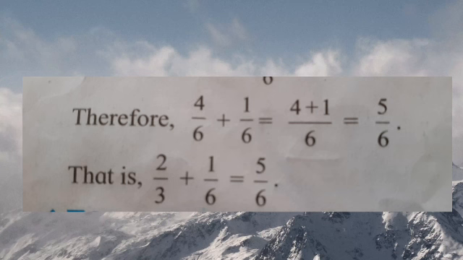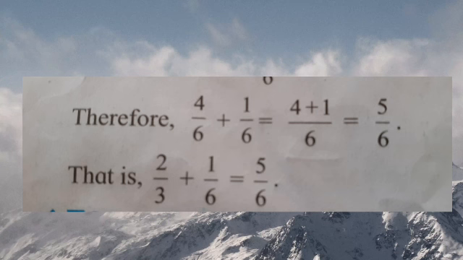And to convert them into their equivalent fractions, what we have done? We have just found the smallest common multiple of the two denominators, that is 6. The two denominators are 3 and 6, and the smallest common multiple of 3 and 6 is 6. So we shall change the denominator of both fractions to 6.